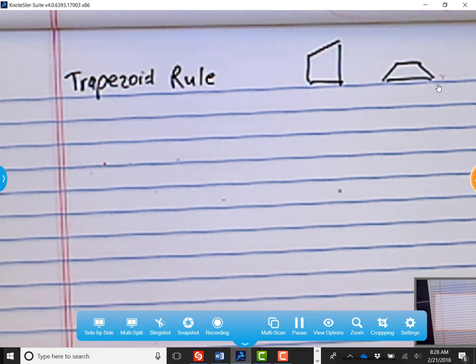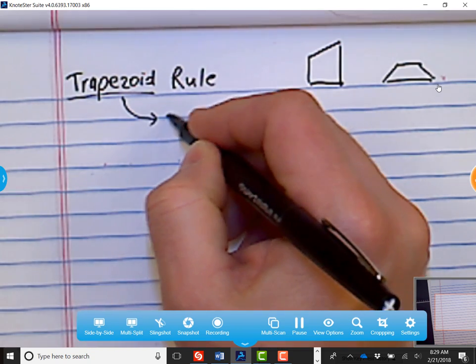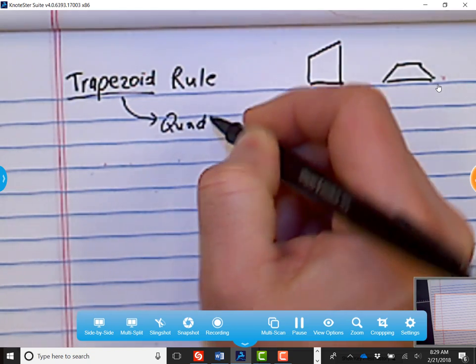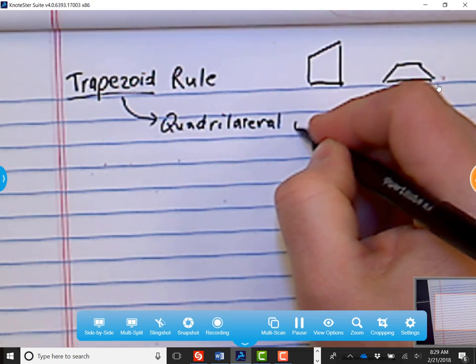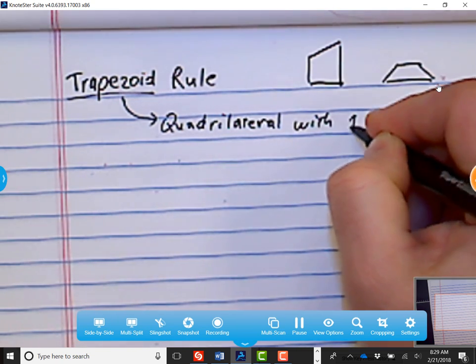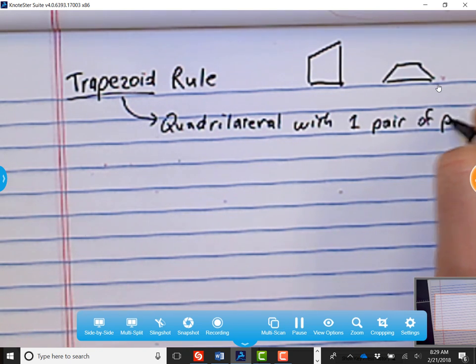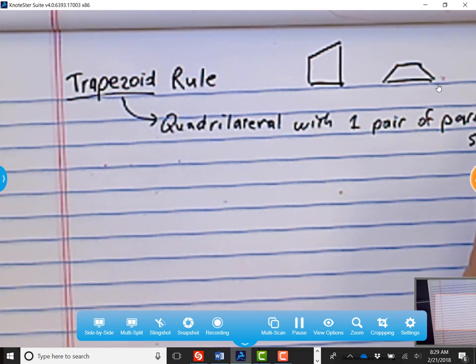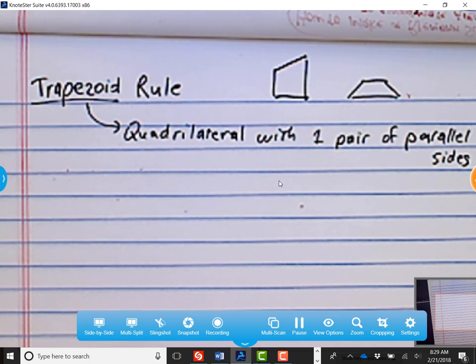Is it a four-sided shape with two sides parallel? Yeah. A trapezoid, right, is a quadrilateral or a four-sided shape with, how about I say, one pair of parallel sides. I'm going to zoom out a little bit because we're not doing the best video yet.